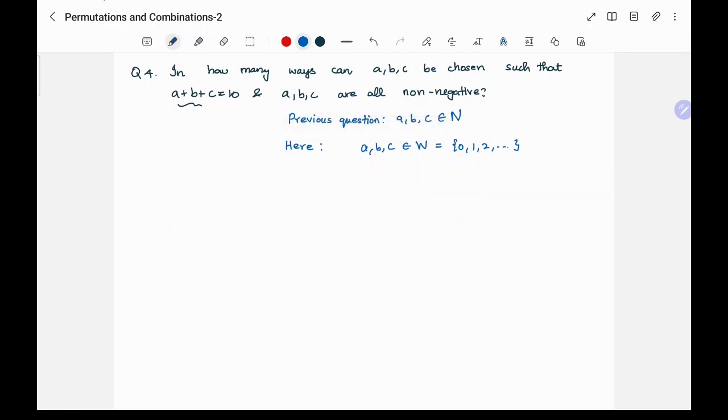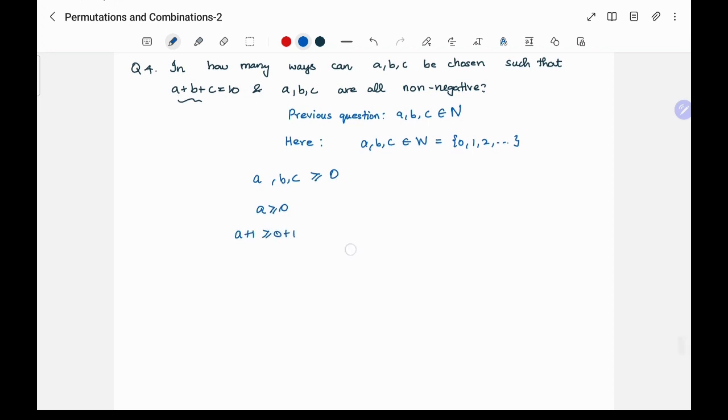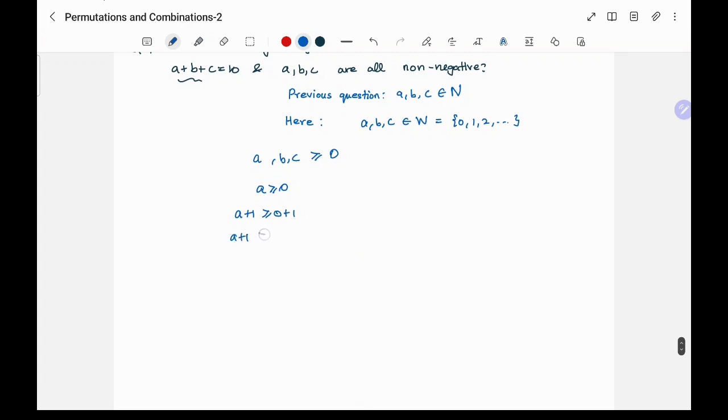So what else can we do? There is a simple trick. A, B, C should be greater than or equal to 0, right? So A is greater than or equal to 0. What I do is add 1. So A plus 1, and on this side I also need to add 1, so A plus 1 is greater than or equal to 1.